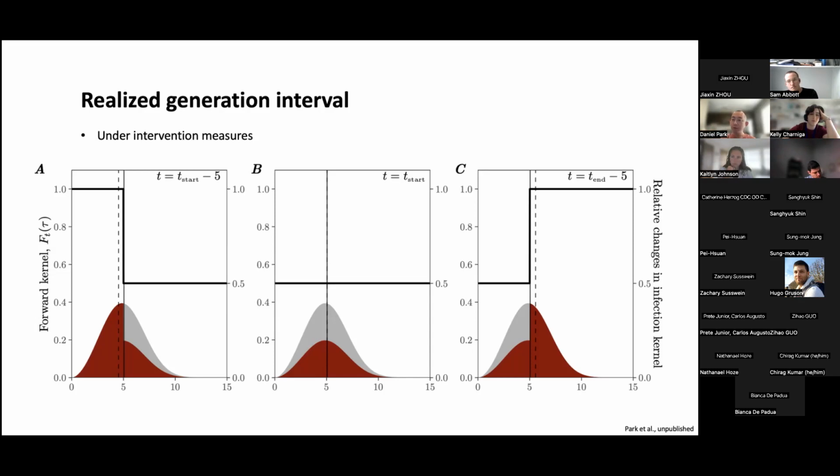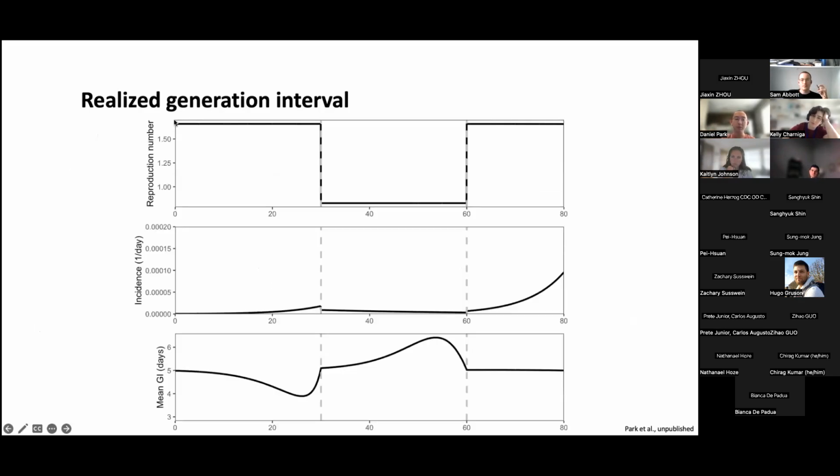For example, putting this into a simulation, we can show that. Now we have a simulation where the reproduction number is above 1, then intervention kicks in, and then intervention is lifted. We have this infection curve that's driven by the changes in reproduction number, and the mean realized generation interval looks very weird and complex.